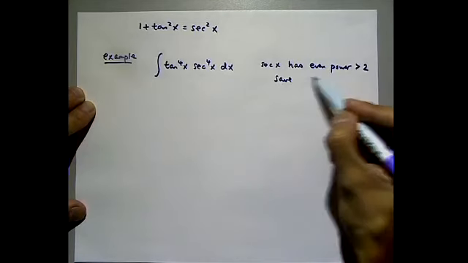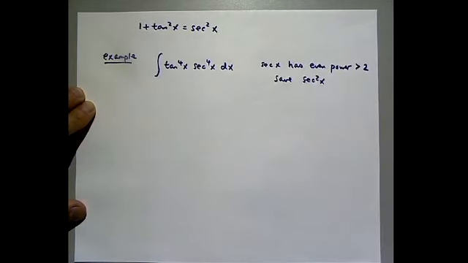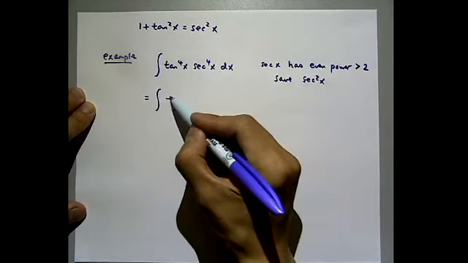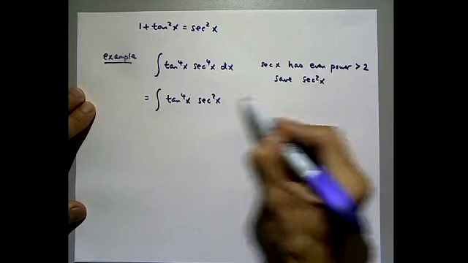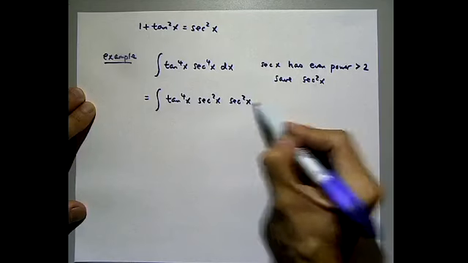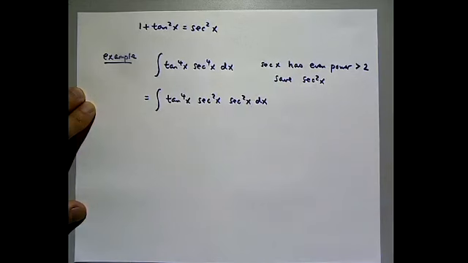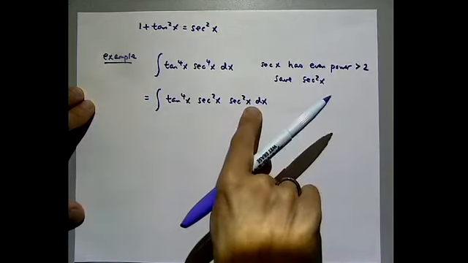So we save one factor of this. And then we let u be tangent, so this turns into du.